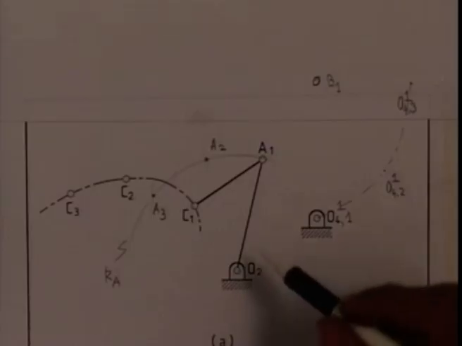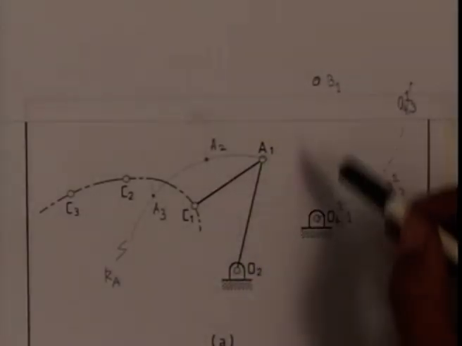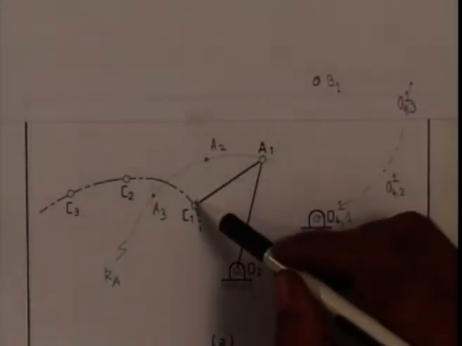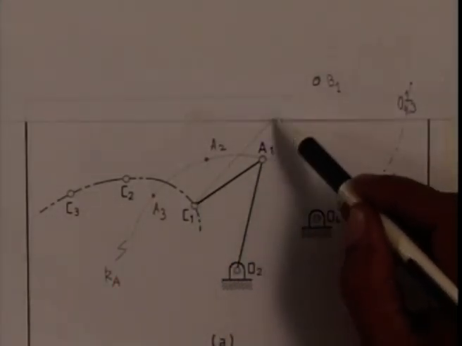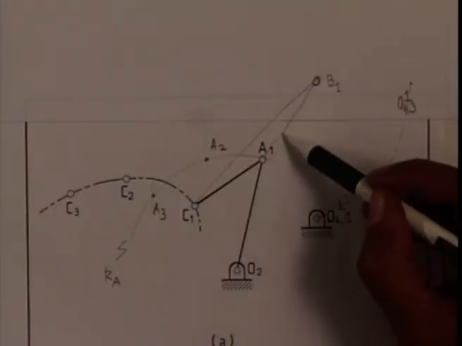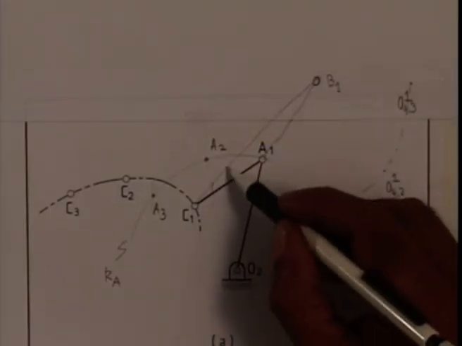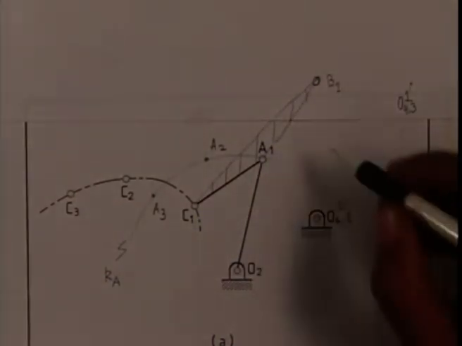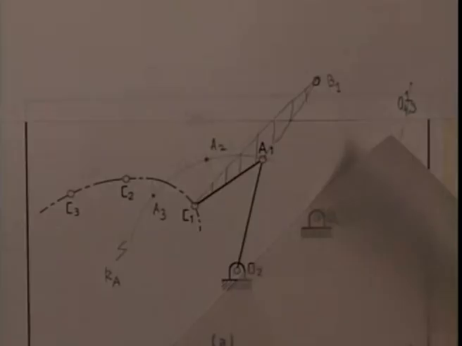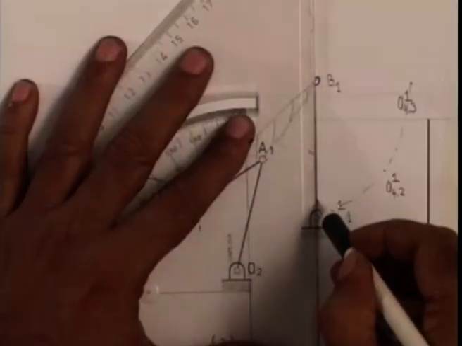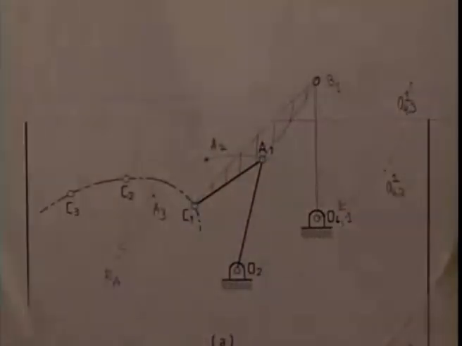So we have determined the linkage O2, A1, B1, O4 and C is the coupler point and this ABC is one rigid body. ABC is the coupler, this is one rigid body and this is another link which I can join as another rigid link.